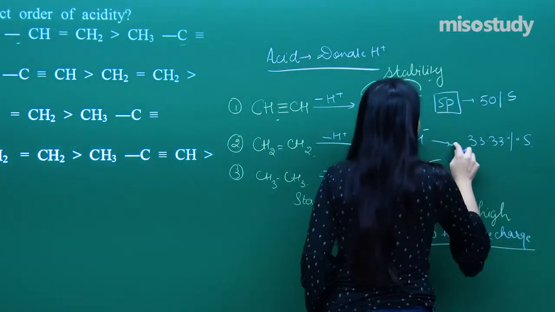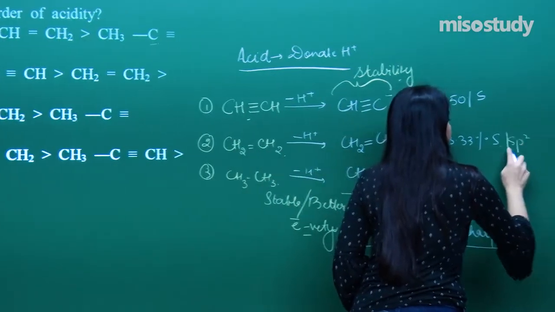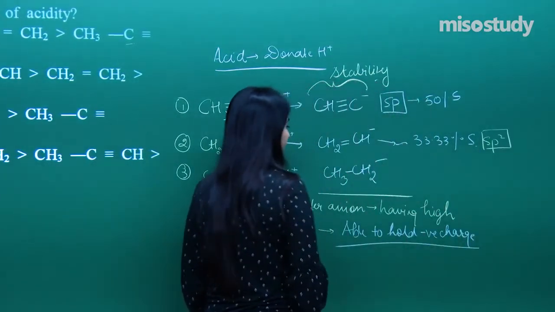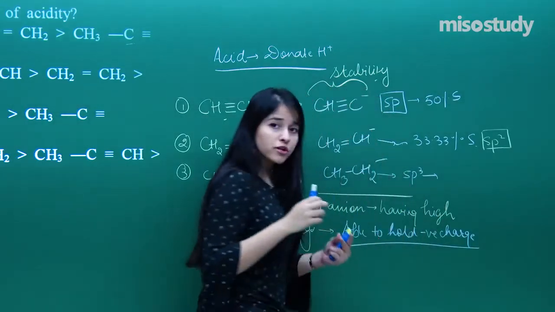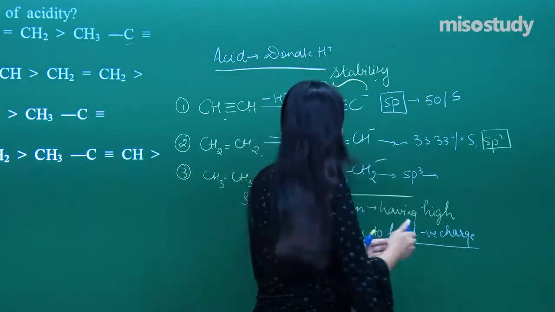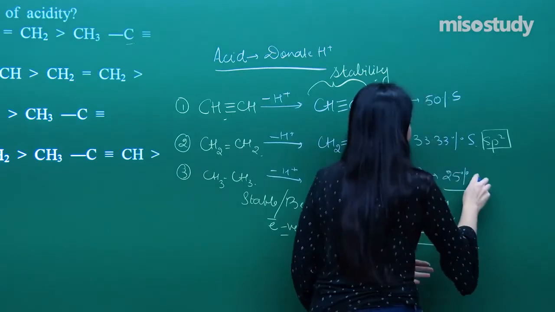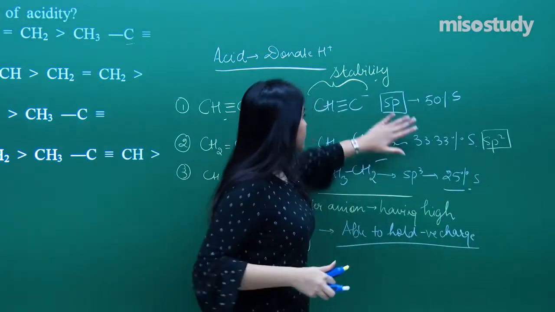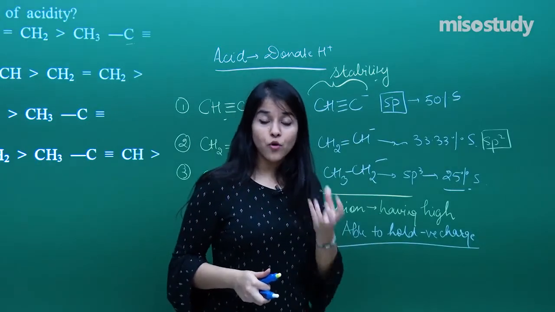That means this is sp2 hybridized, and over here it's sp3 having the least possible S character. More the S character, more will be the electronegativity, so that is our answer. It would be 25% approximately, that is the S character. So this would definitely be holding the negative charge in a more proper manner.